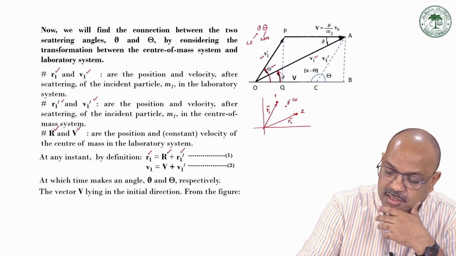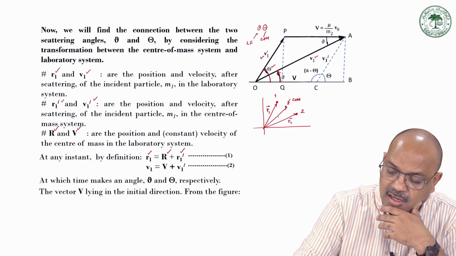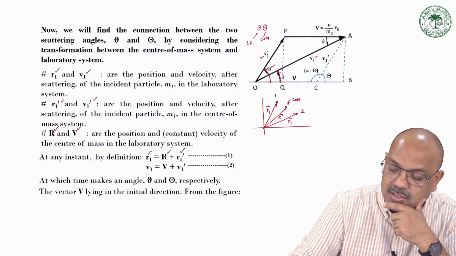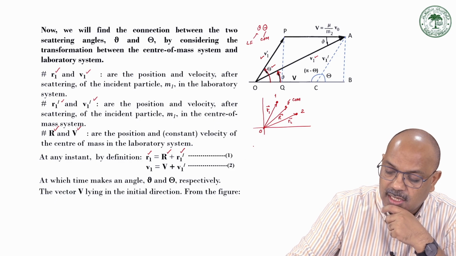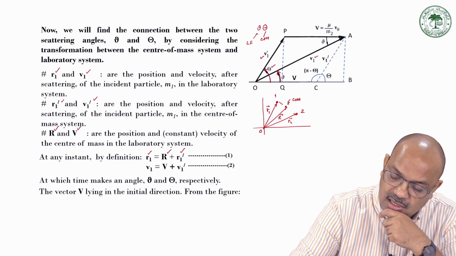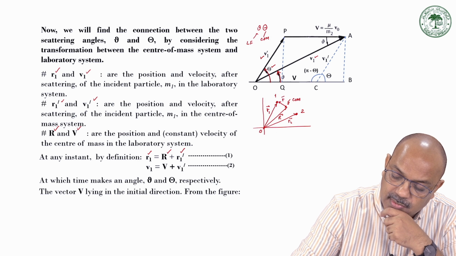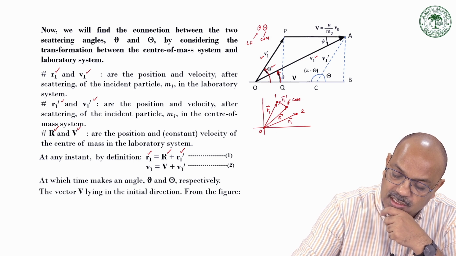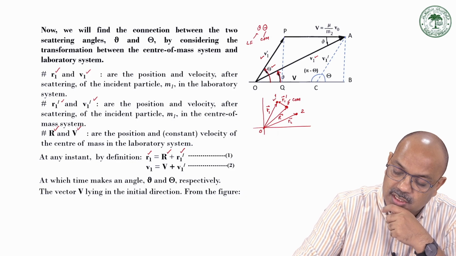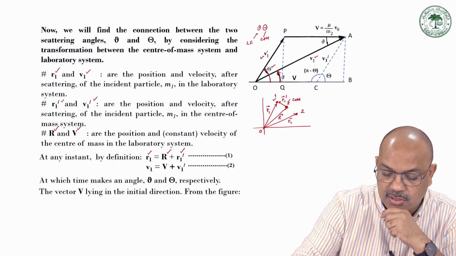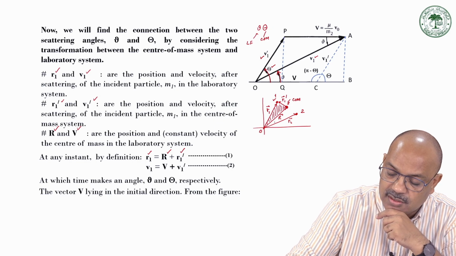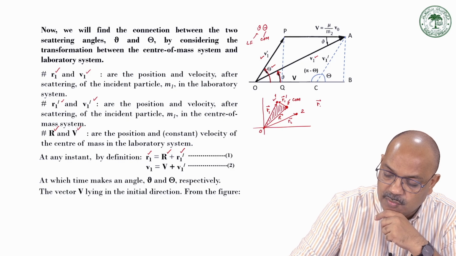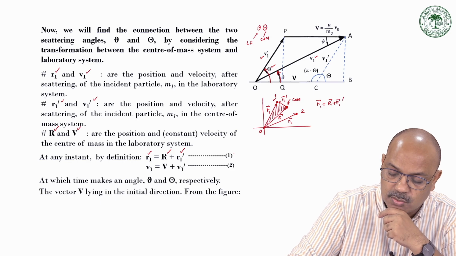The position vector R, capital R, is with respect to this origin O, and R1 prime is the position vector of particle 1 with respect to the origin set at the center of mass. If you look into these three vectors, this gives me R1 equals R plus R1 prime.